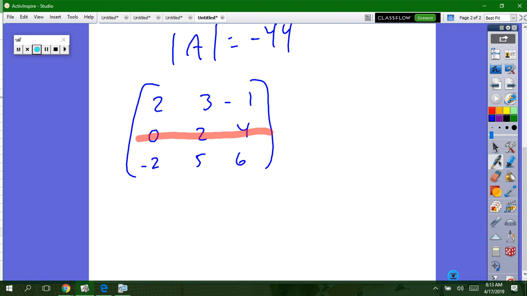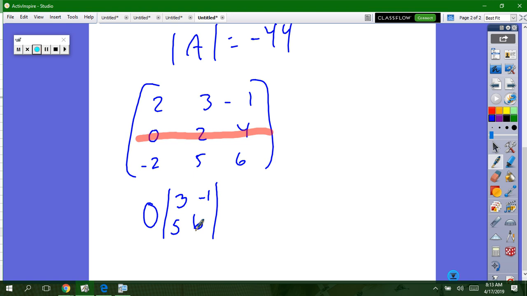Okay. So we go ahead and put our numbers. What are our numbers? 0 times the determinant of that. So remember, get rid of the row and the column that he's in. What numbers are left over? 3, negative 1, 5, 6. Does everybody understand that what's left over? Because we eliminate him as well.